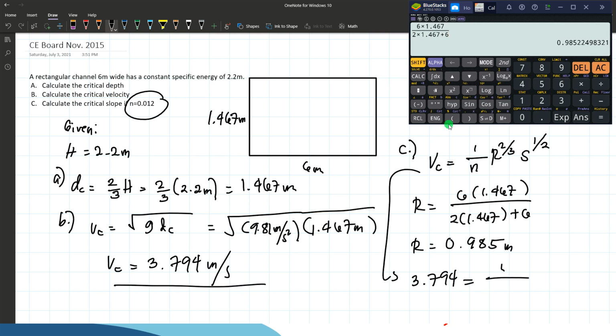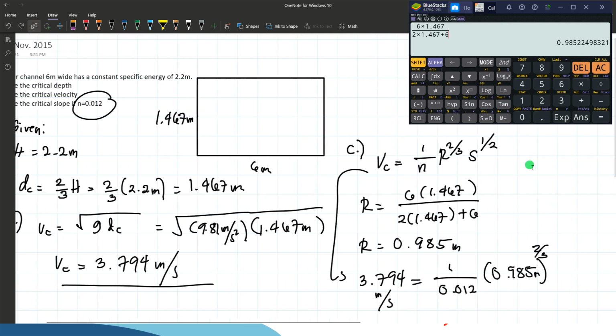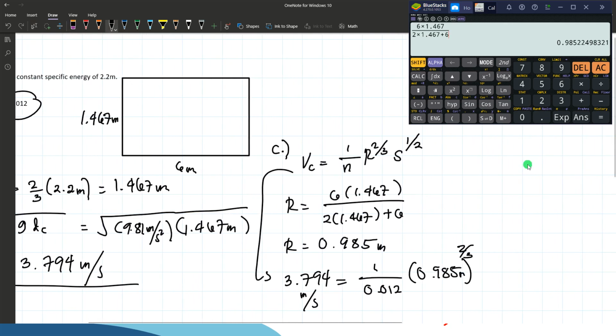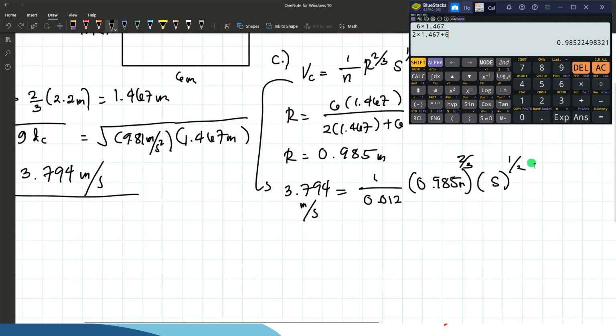We can now substitute that in this formula. 3.794, the critical velocity, equals 1 over n, 0.012, times 0.985 raised to 2/3, and s, which is unknown, raised to 1/2. So let's compute that.